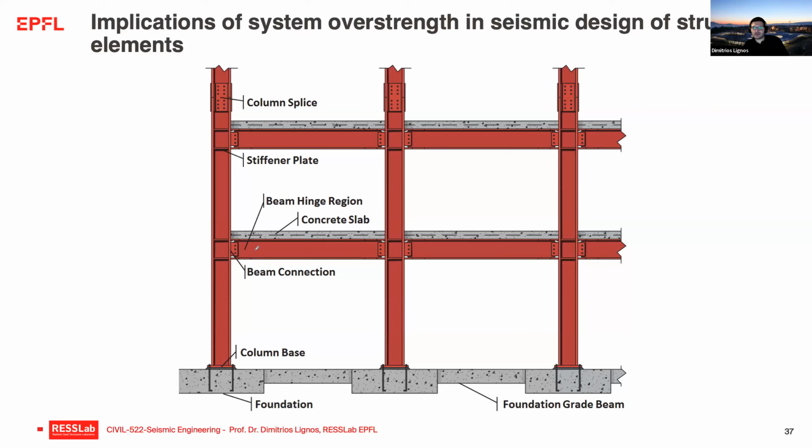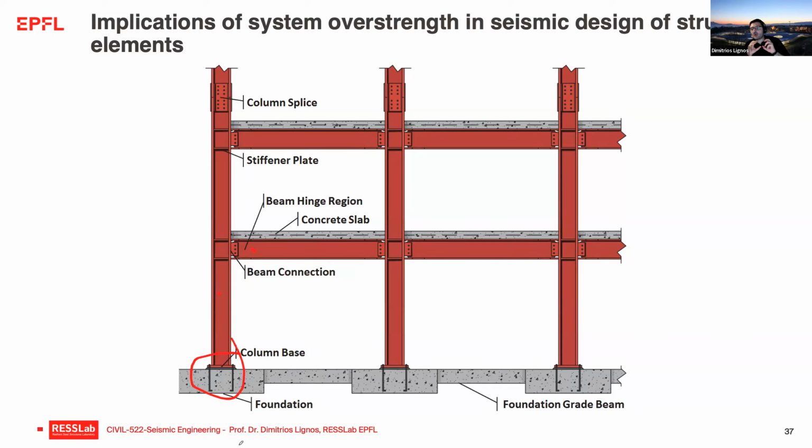If I select the beam to carry my dissipative zones, where they will exhibit inelastic behavior during an earthquake, I will have to consider this amount of overstrength that is being created to design the column. And then once I design the column, I will also have to consider this amount of overstrength when I design the foundation.